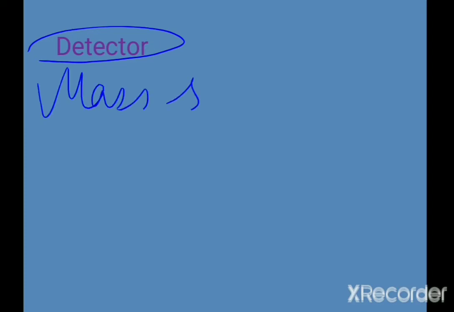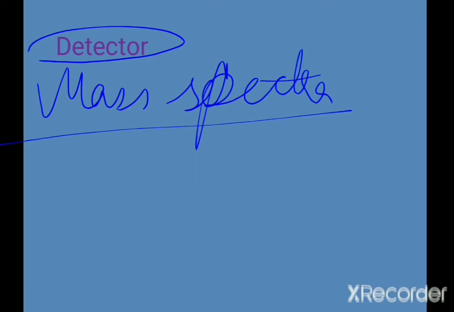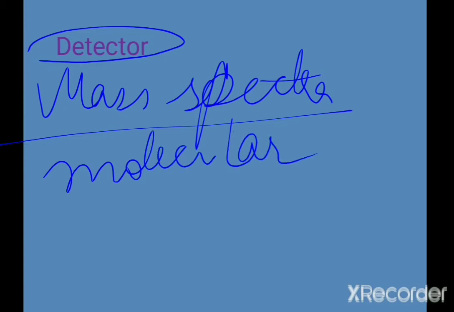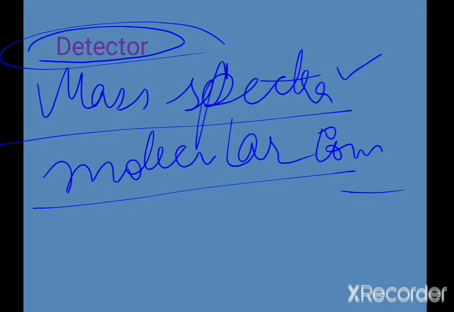It means that the molecular masses of the separated molecular ions are determined from the mass spectra, which is created with the help of the detector.